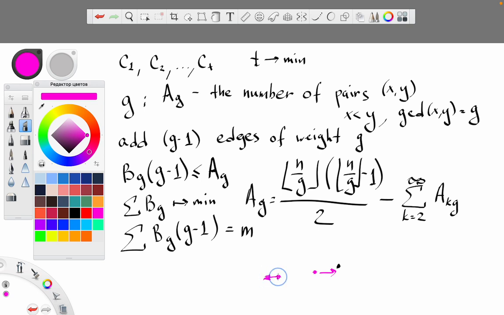We will take the leftmost of them and move it left. The size of this group is increased by 1, the size of this group is decreased by 1, so the sum stays the same.